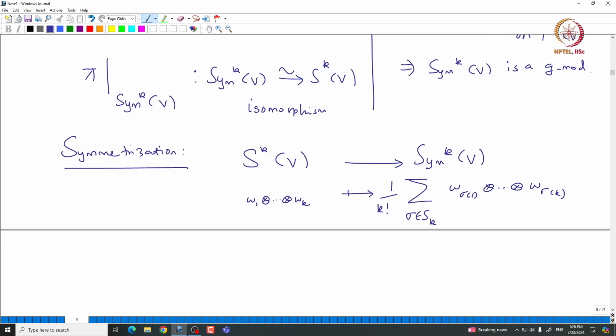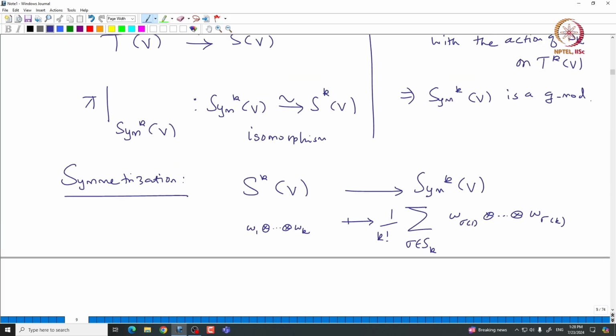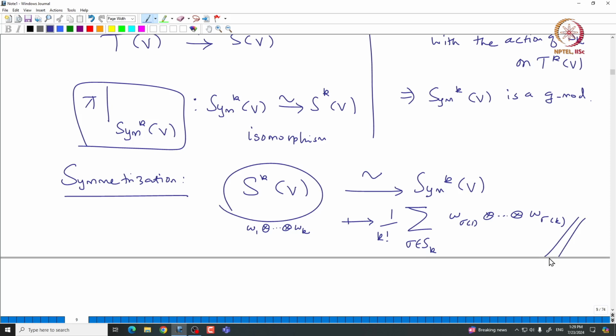So, you have a natural map which is the inverse map of this restriction map. I will leave it to you to check this indeed gives you an isomorphism. In particular, you can see that there is a natural basis coming from the basis of Sk of V. You take the basis in Sk of V, use this symmetrization map, and whatever images you get in the symmetric tensors will be a basis for Sym k of V.